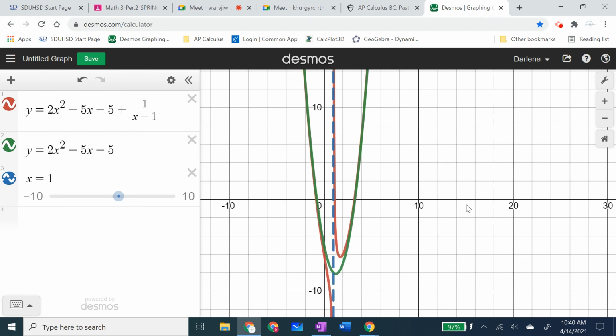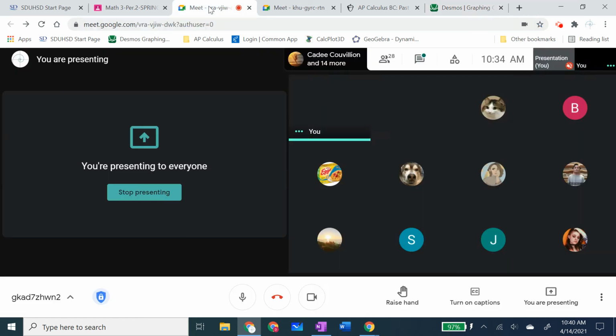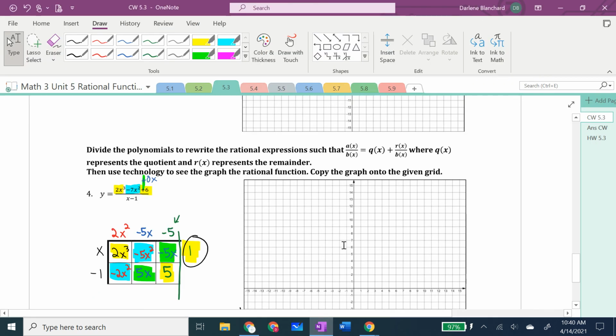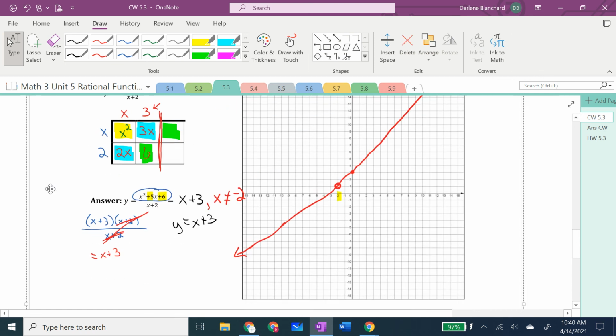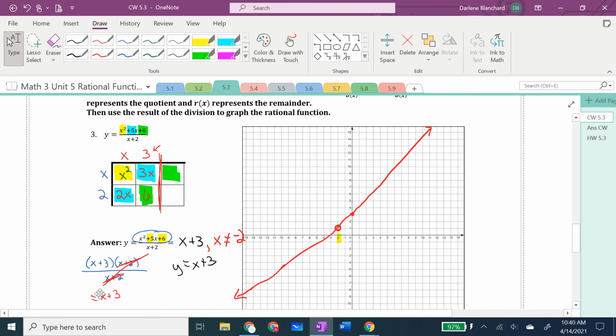Now, I'm not going to be making you go through actual graphing of problems like this one. But what I want you to definitely get from that is the idea of if the denominator is equal to 0 for a certain x, it will create a vertical asymptote unless it is able to actually cancel with a factor in the numerator.